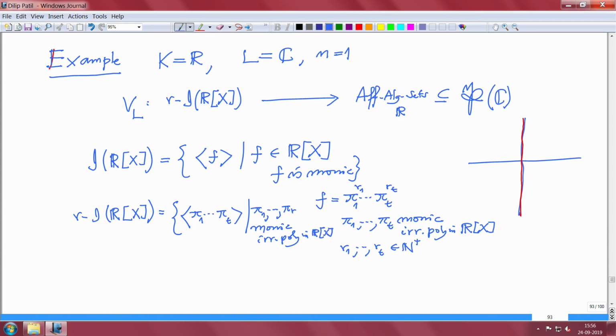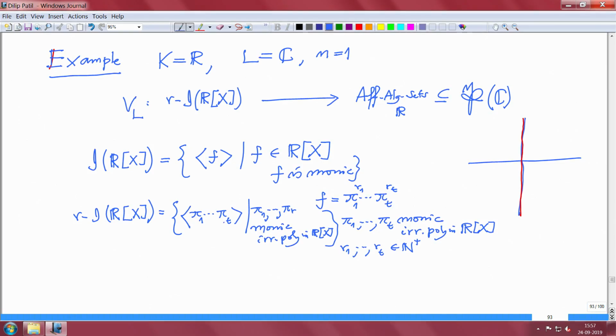So, we know radical ideals in terms of the generators, and where does it go? It goes to the zero set, the complex zero set. Anyway, they do not have real zeros, so we have to look for the complex zeros. Some of them may be linear also. The linear will correspond to the real zero and non-linear will correspond to the complex conjugate zeros. In any case p_1 to p_t have finitely many complex zeros.